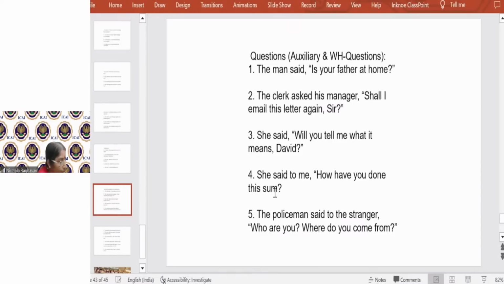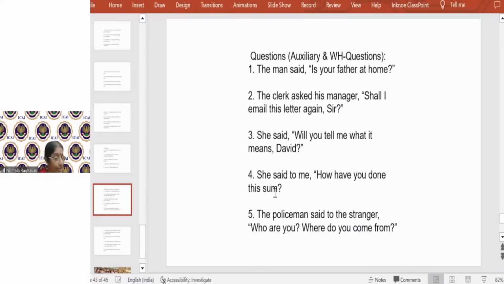This is for Saloni. The policeman said to the stranger, "Who are you? Where do you come from?" The policeman asked the stranger who he was and where he came from.